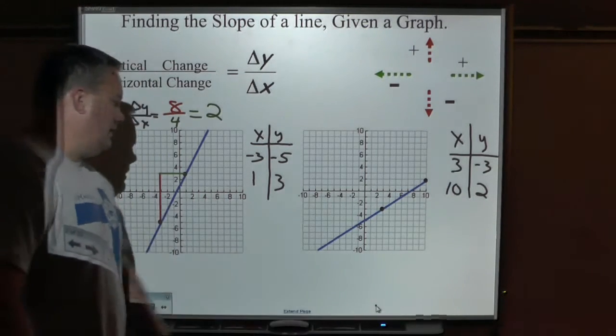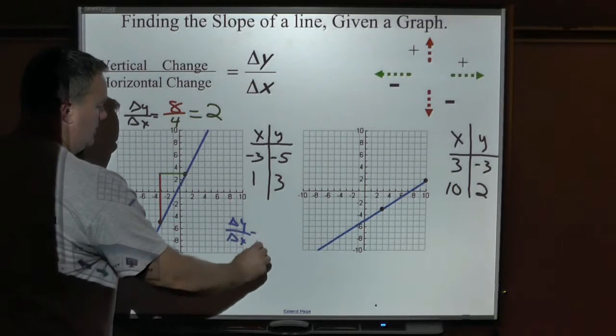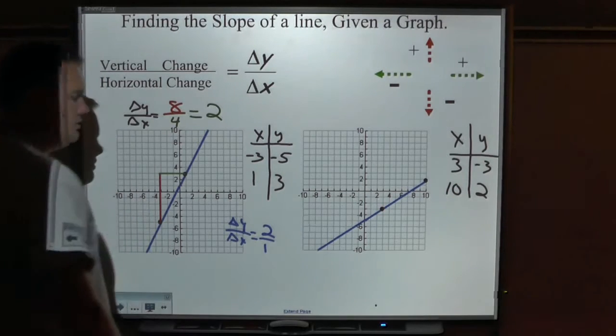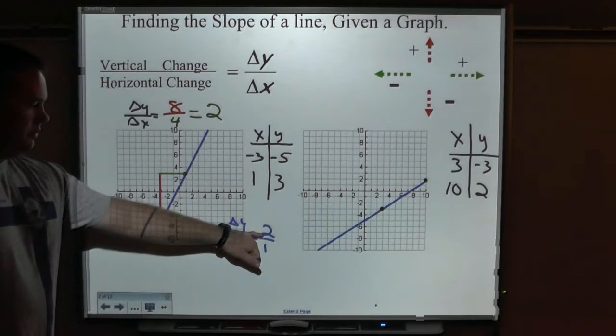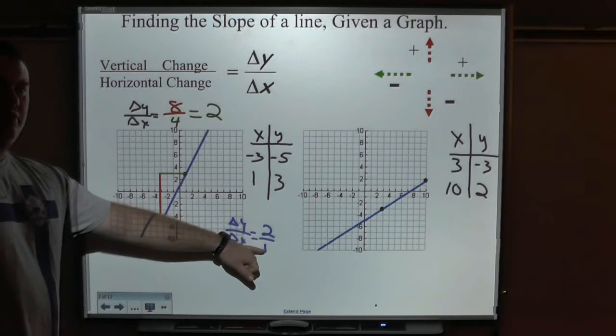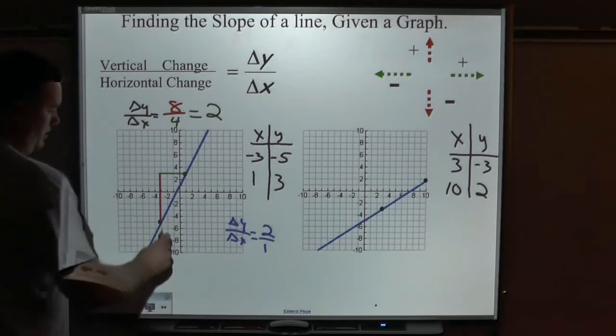But this has a meaning. What the meaning is: this change in y over change in x is 2 over 1. You'll notice we're going to write these as fractions quite often. What that means is this line goes up 2 units, to the right 1 unit. I can show this by looking at this graph.